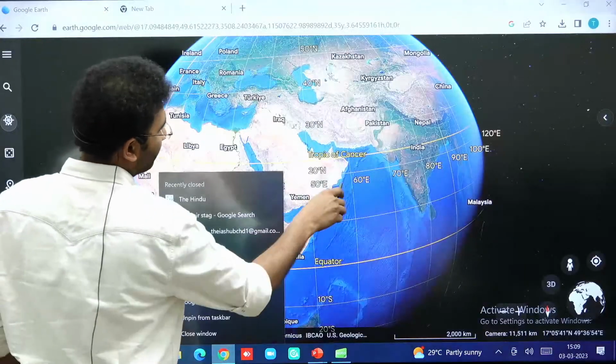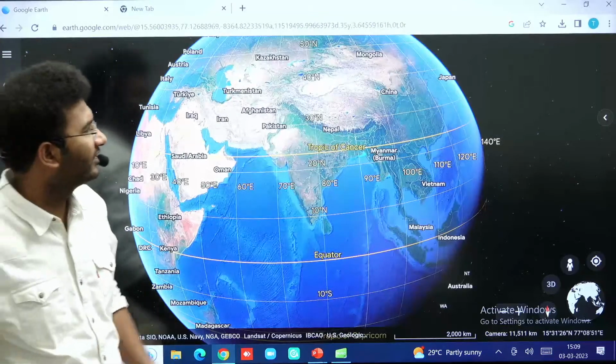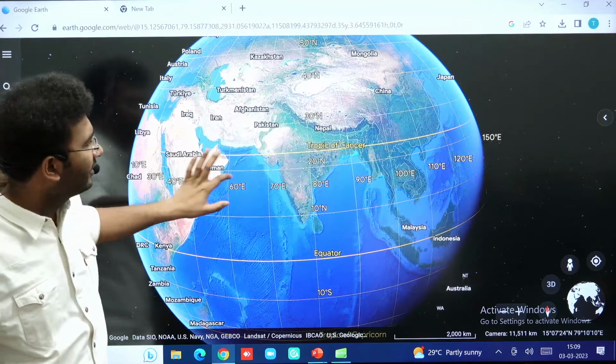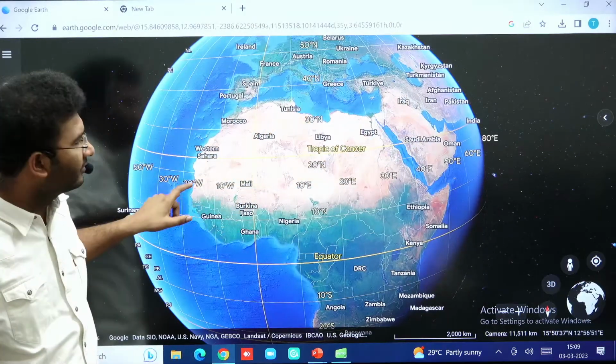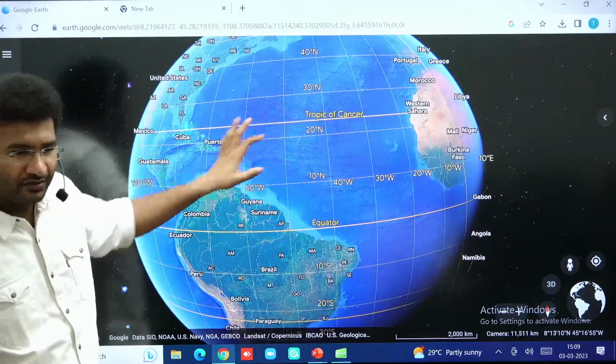Let's see the amount of land mass that is present at the 30 degrees north latitude. There's much land present at 30 degrees latitude, and then there is an equivalent amount of land here, and then there is ocean.